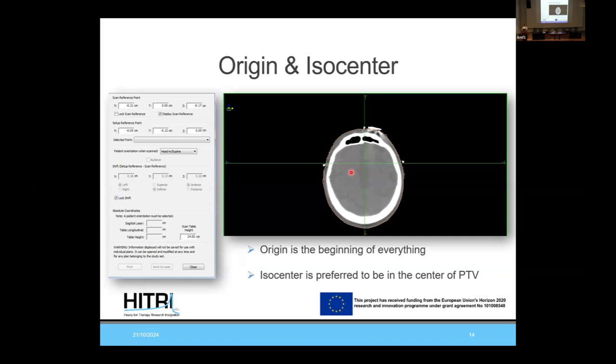After that, I'm going to find where is the center of the PTV. It's the best you can do if you want, but it's not the gold standard. You can choose to have it not in the center of the PTV. It always depends on the anatomical region, and I will show you some cases that we have here with this problem.